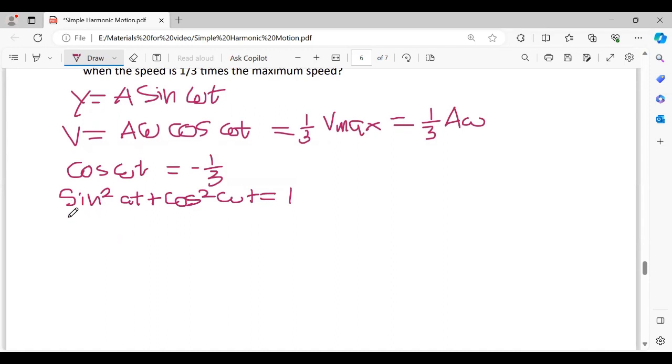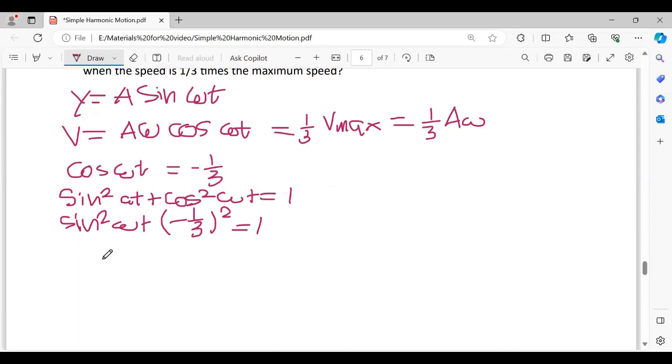Then sine squared omega t, as you know, cosine squared is 1/3 squared, which is 1/9.